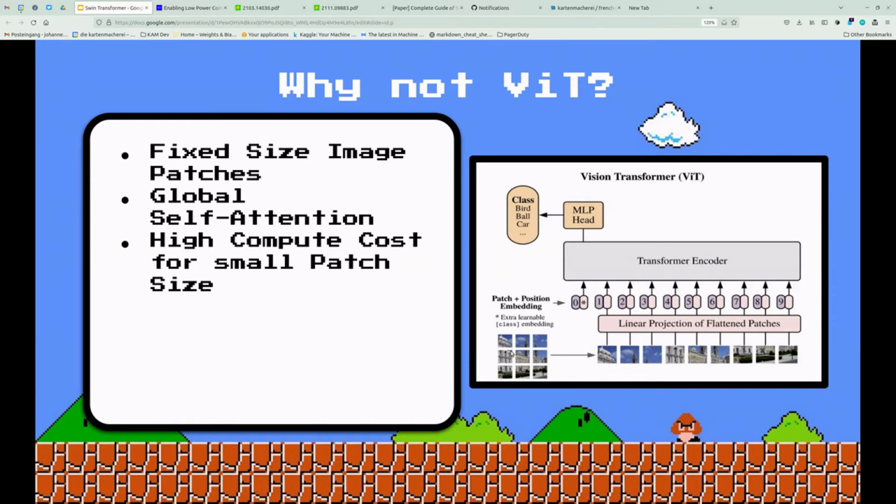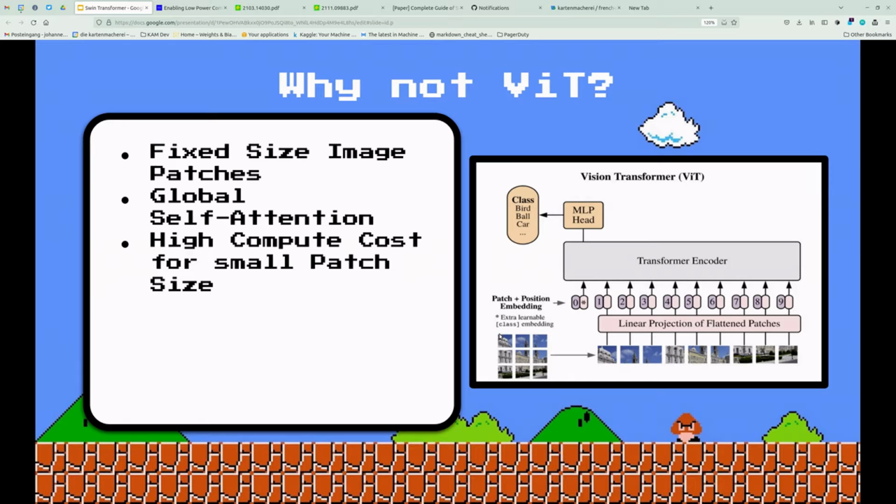They mostly are 16 by 16 pixels. That's what they use in their paper. And then they use these patches or tokens to compute global self-attention on an image.